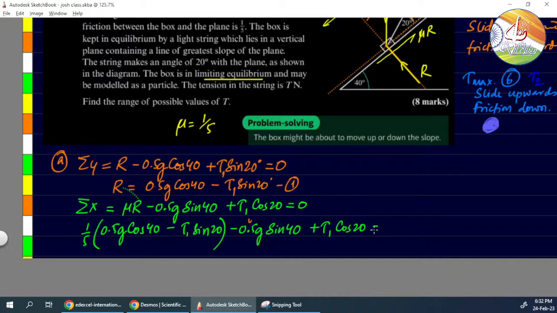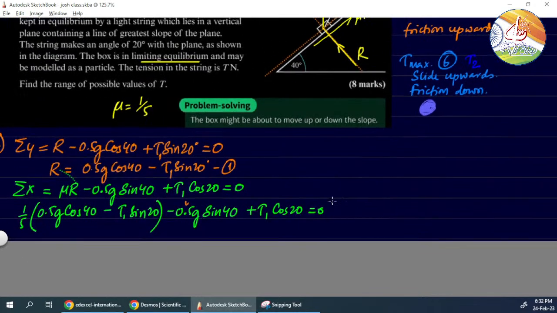So this total is equal to 0. So now we just solve it. So T terms, keep it on one side. What do we get? T terms, we get minus 1 by 5 sine 40, sine 20. From this we get this much, and from this we get plus cos 20. Correct?